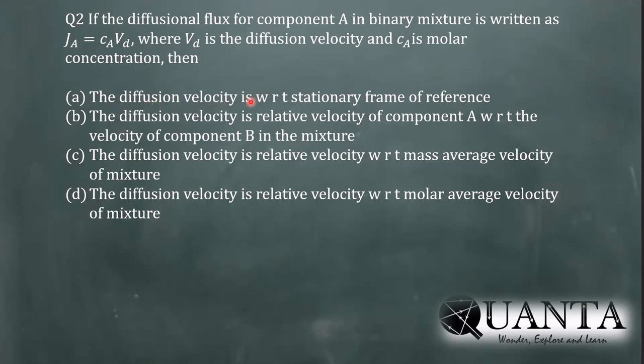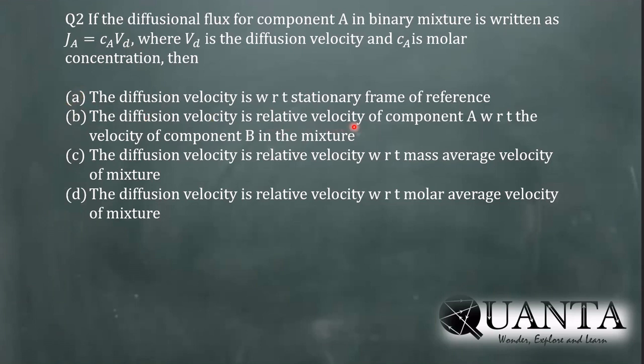The statement that the diffusion velocity is with respect to a stationary frame of reference is incorrect. We know this because if you look at the expression, J_A was equal to C_A times (U_A minus U). We have discussed that. So V_D is just representing U_A minus U, and that is a relative velocity. So the first option is incorrect.